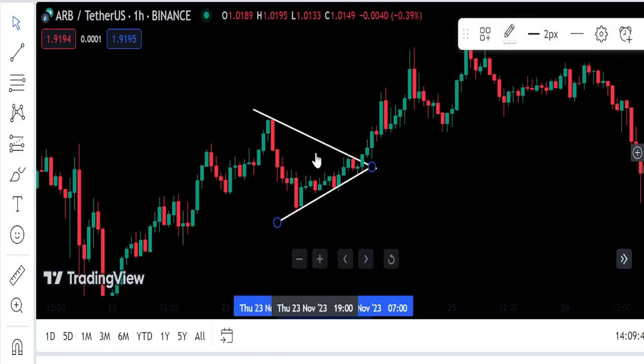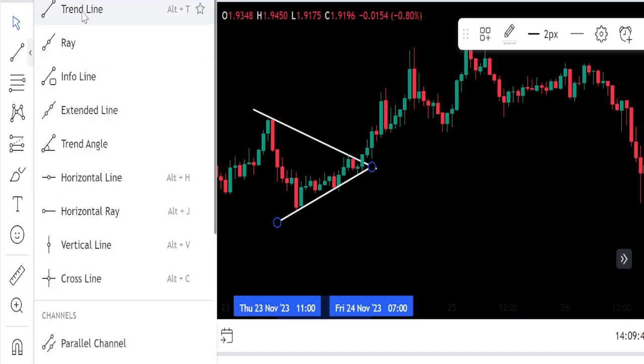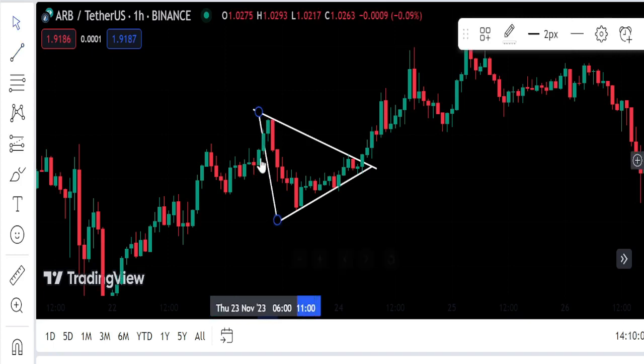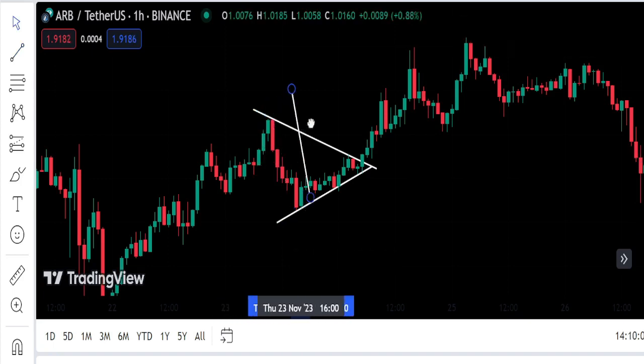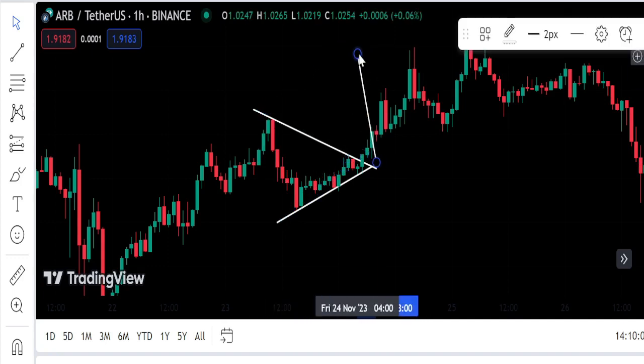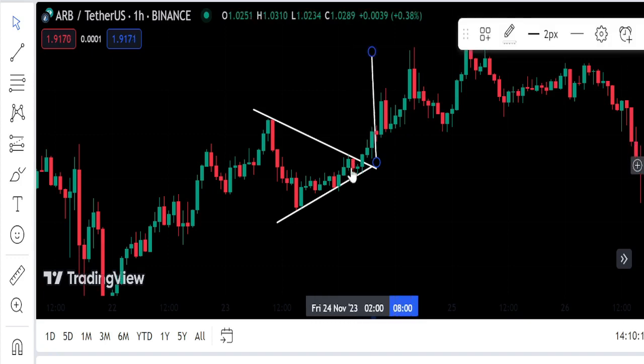You see that the sides are of equal length, and as we rightly said before, your target price will be this distance from the high to the low, which will give us a projected price of about here. So we see that we could either enter this trade on this breakout or on the retracement.